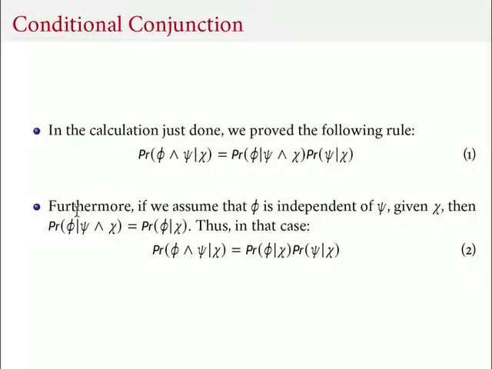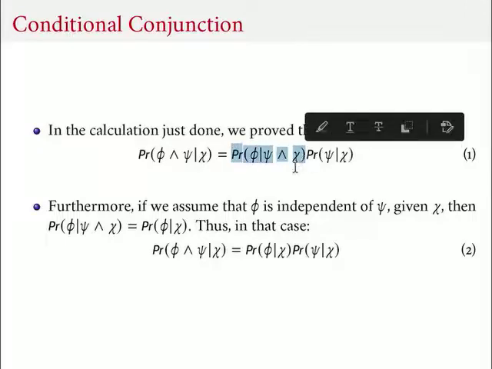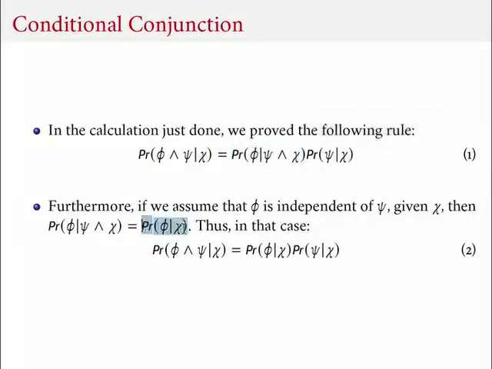And then in the special case where phi and psi are independent, we can then substitute out this probability for simply this probability. And that gives us the simpler way of calculating the probability of the evidence given the hypothesis when we know that the evidence is independent given the hypothesis.